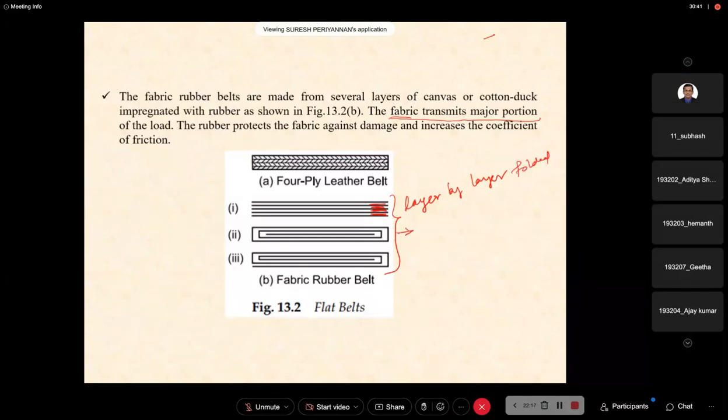The second one is, sorry, I think I made a mistake.